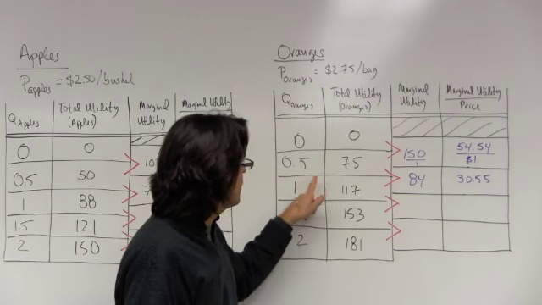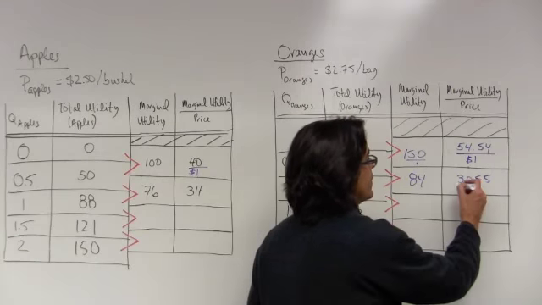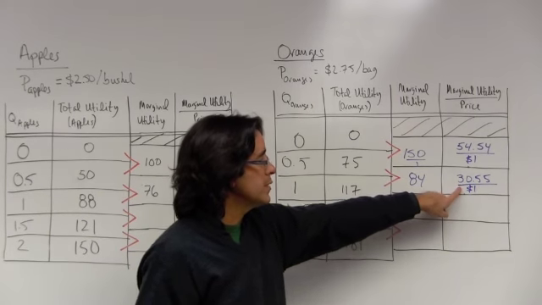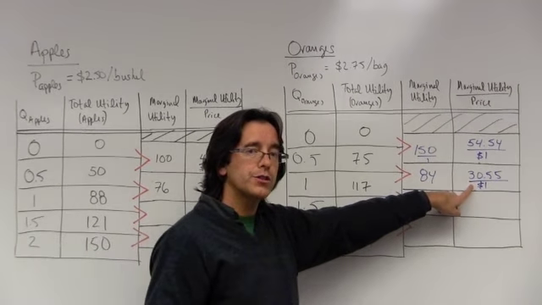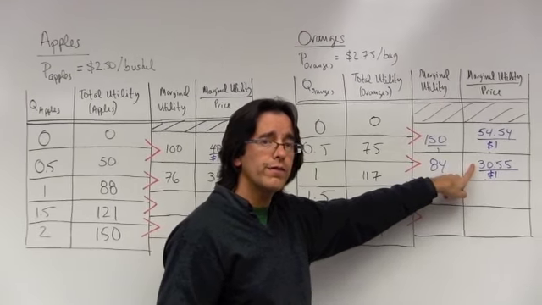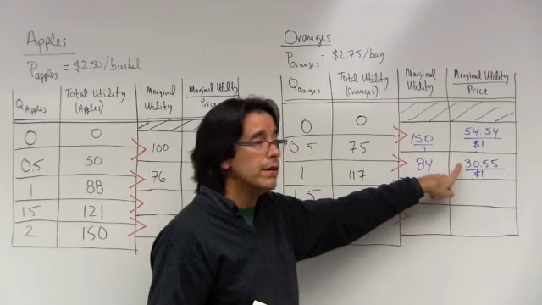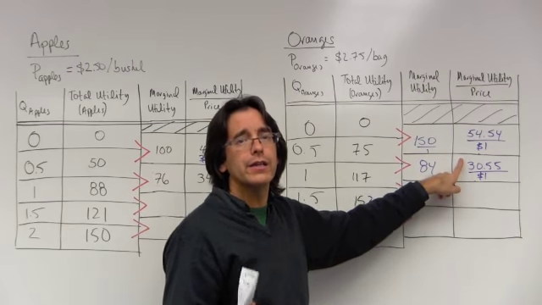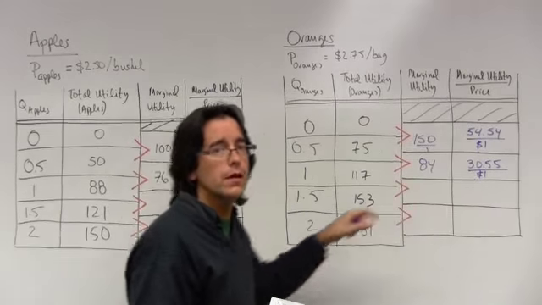Well, in going from 0.5 to 1, we get that ratio of marginal utility to price of 30.55. So this is telling us another dollar spent on oranges will increase our total utility by 30.55 units. So it's not bad, not as much as it was before. But the real question is, how does that compare to apples?